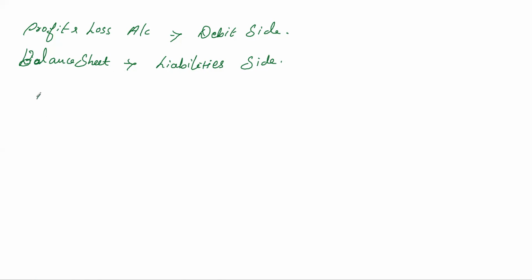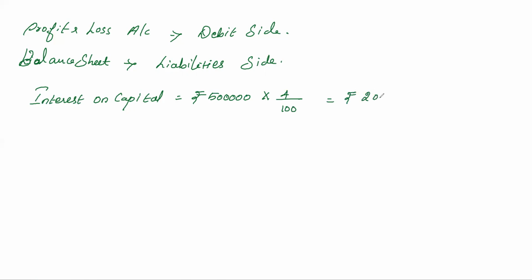Interest on capital is equal to rupees 5 lakh into 4 by 100, which is equal to rupees 20,000. That's all. Rupees 20,000.